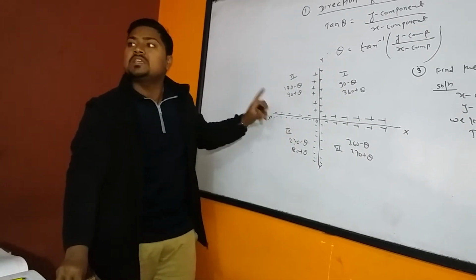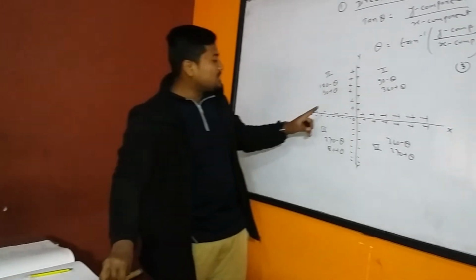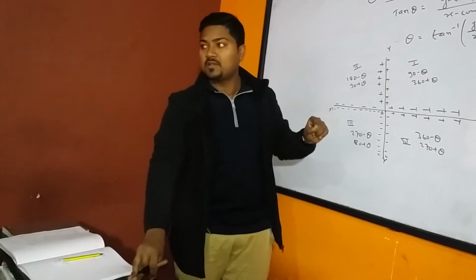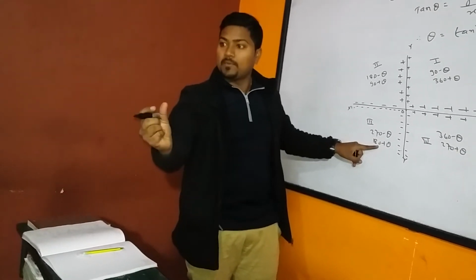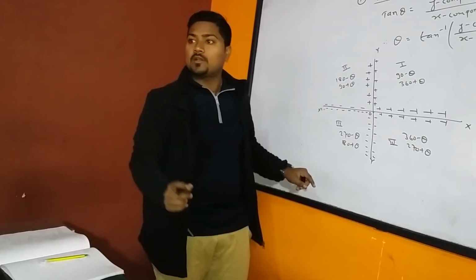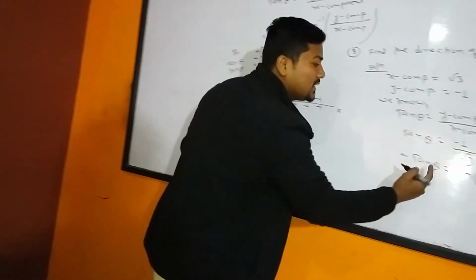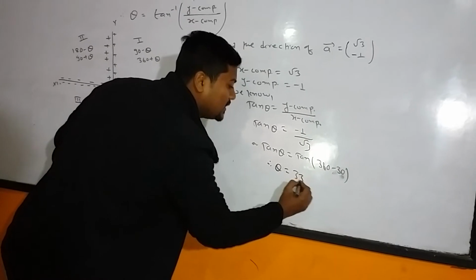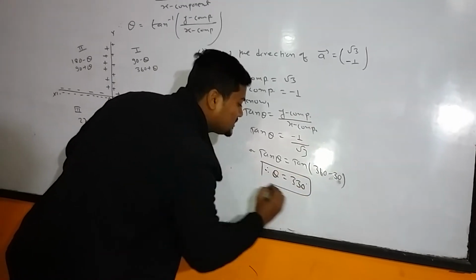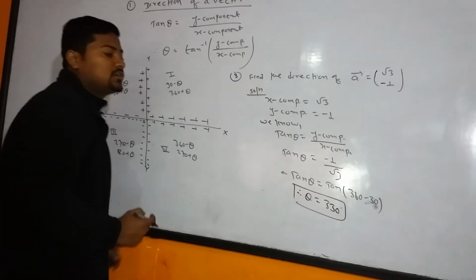Always take the even part. Even part means the multiple of 90 must be even. Here 180 means 90 into 2, a multiple of 90 that is an even number. Understood or not? So here it lies in the fourth quadrant. That's why 360 minus 30 degree. Therefore theta becomes 330 degree. Hence the direction of A vector is 330 degree.